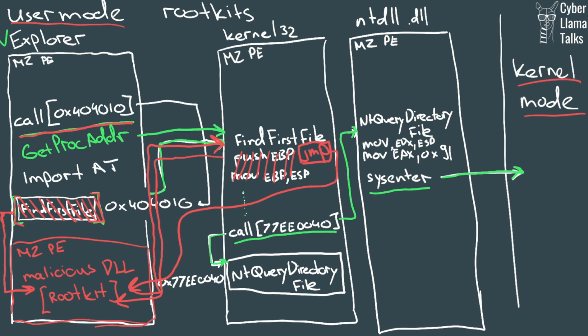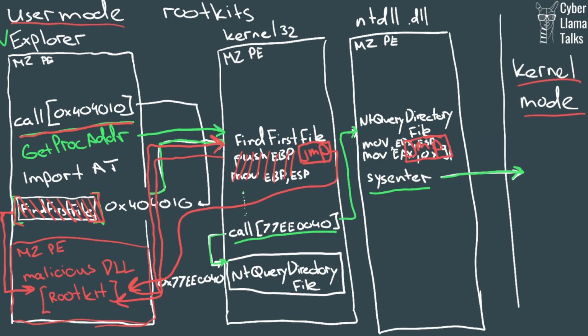Of course, some applications, maybe not Explorer.exe, but for example antivirus applications, can, instead of calling FindFirstFile, directly call NtQueryDirectoryFile, right? And try to bypass a potentially patched kernel32 DLL. So what, of course, a rootkit can do as well is patch ntdll with a jump.